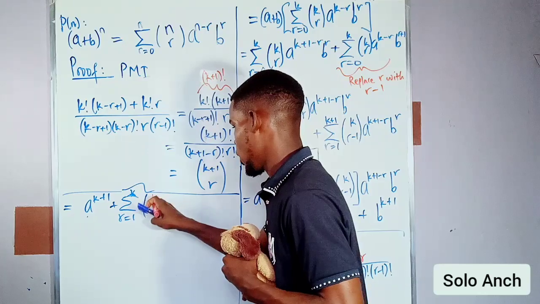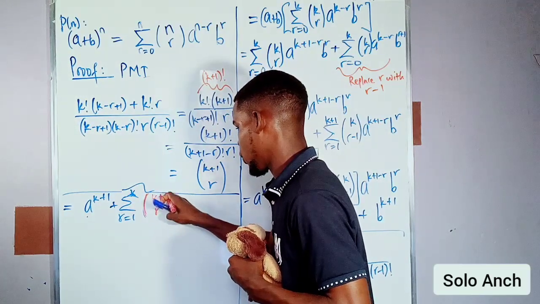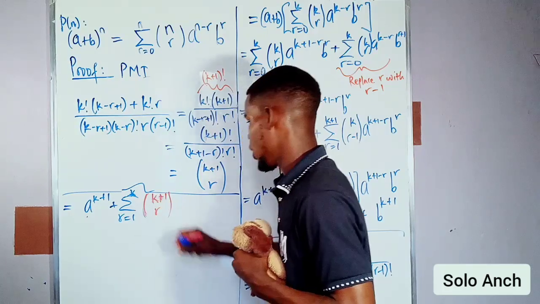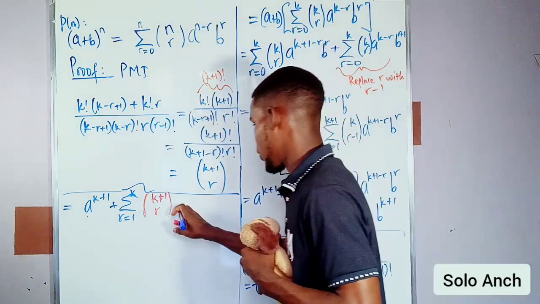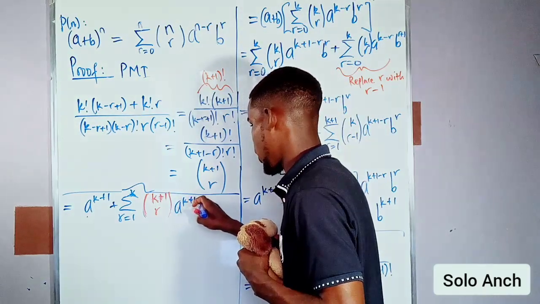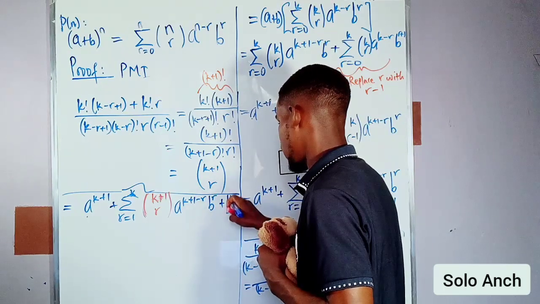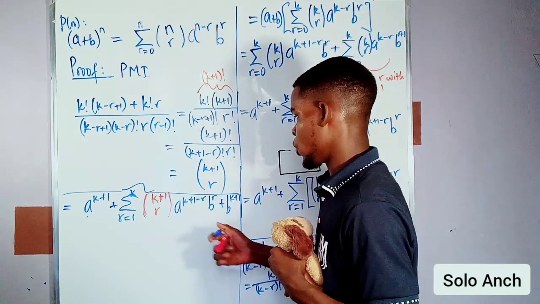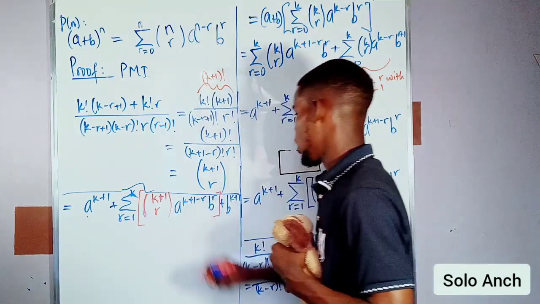So let me put it out here, k plus 1 choose r terms. Good. Then we have a raised to the power of k plus 1 minus r, b raised to the power of r. Then we add this other term, b raised to the power of k plus 1. Good. So this sum has all of this.